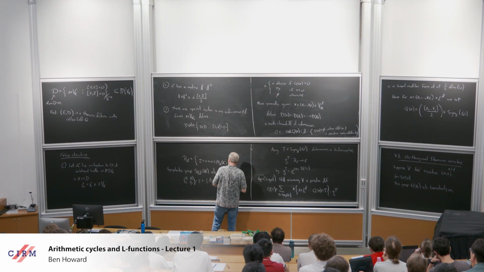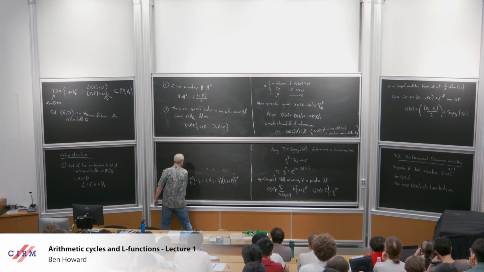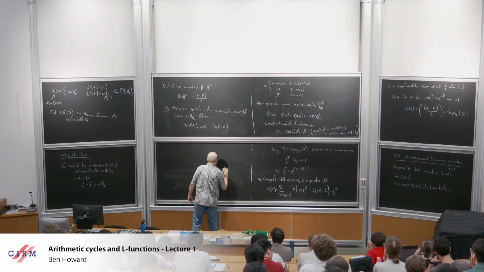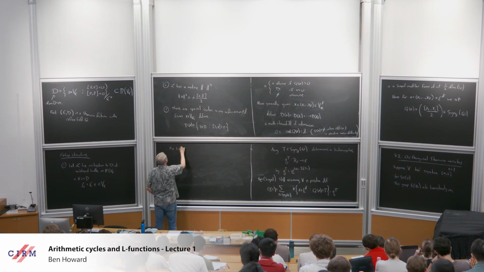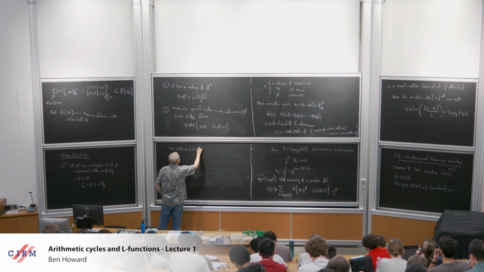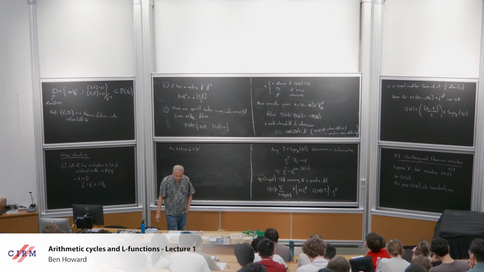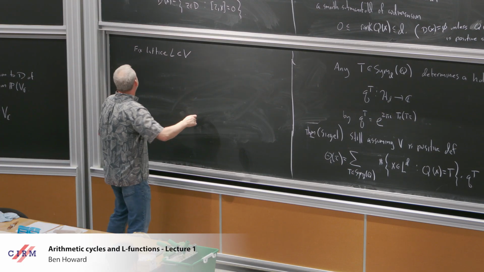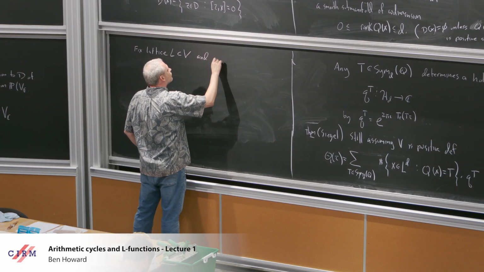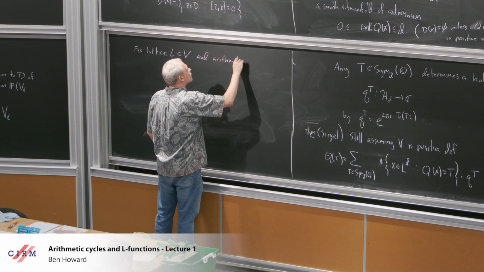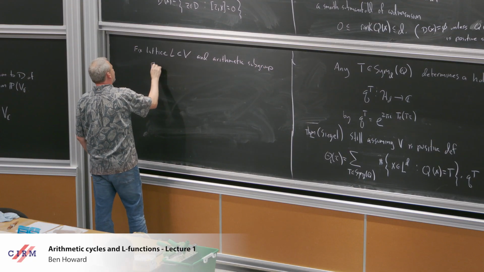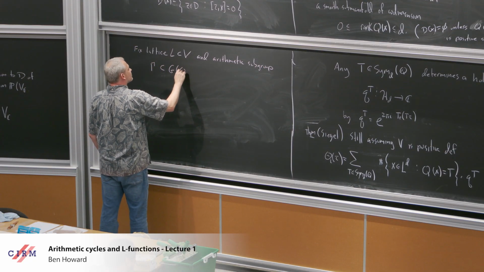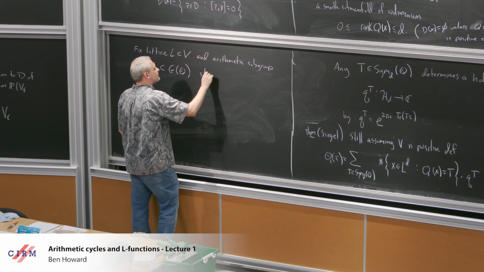Okay. So let's fix a lattice on which the quadratic form is Z-valued, and some arithmetic subgroup gamma inside of the special orthogonal group stabilizing the lattice.